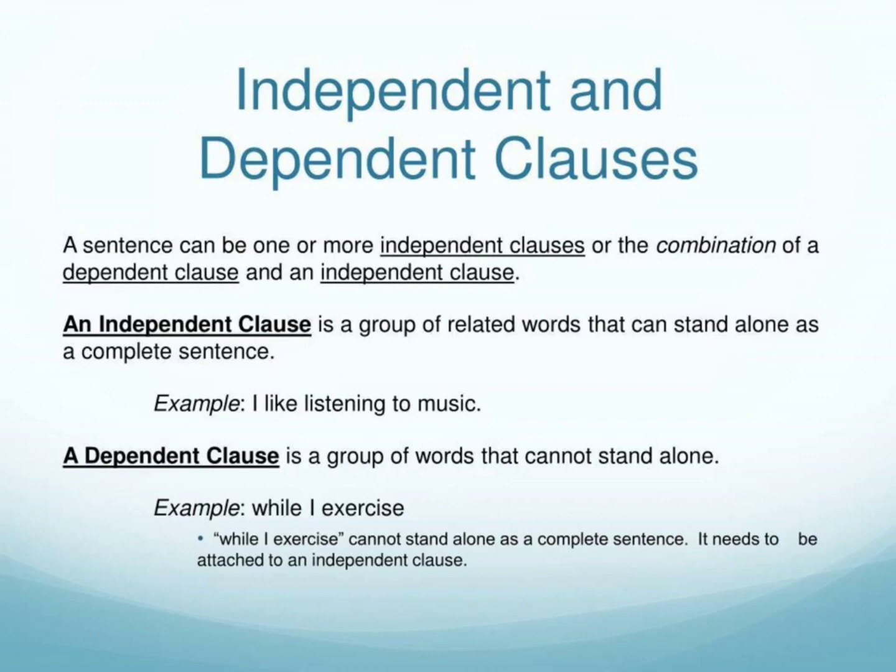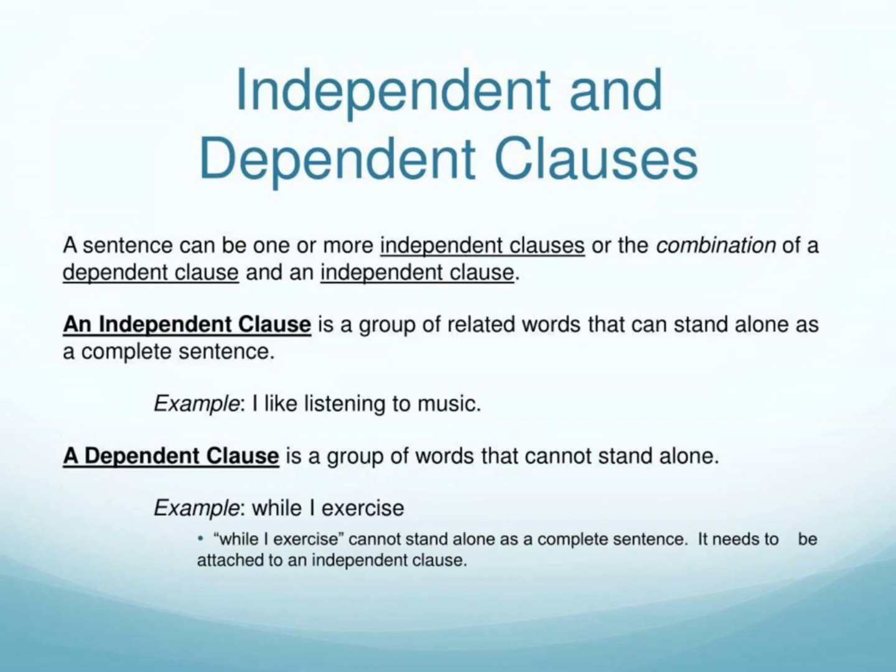Previously, in the explanation of what clauses are and their characteristics, it is stated that clauses consist of independent and dependent clauses. Here I will explain what a dependent clause is and what an independent clause is.